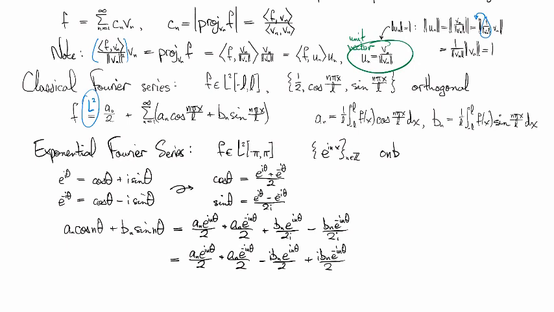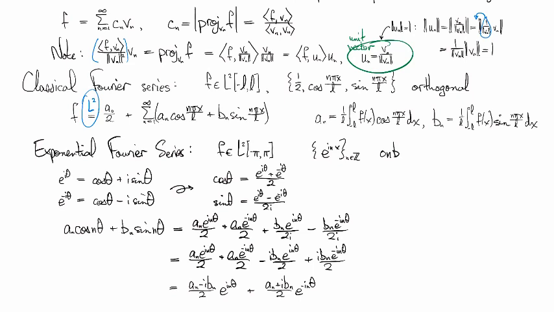And then I just gathered them together. So then we have a_n minus i b_n over 2 as my coefficient of e to the i n theta, and a_n plus i b_n over 2 e to the minus i n theta.